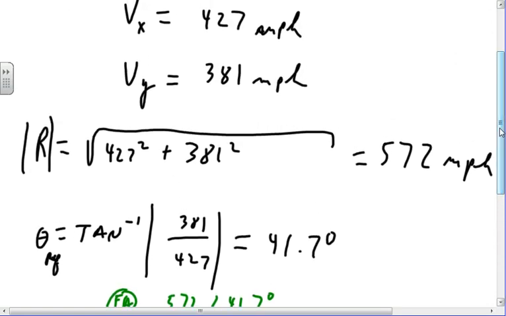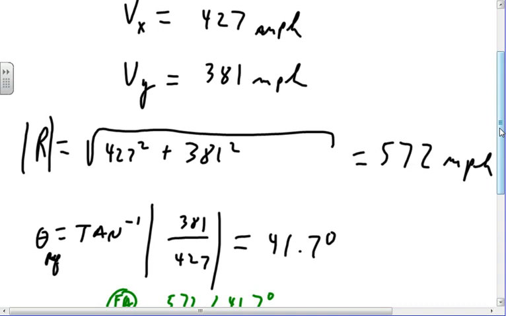But my calculator is already in rectangular mode, so I'm going to put it in polar mode. Mode, polar. Okay, now I'm in polar mode, and I'm going to enter 427 plus 381i.